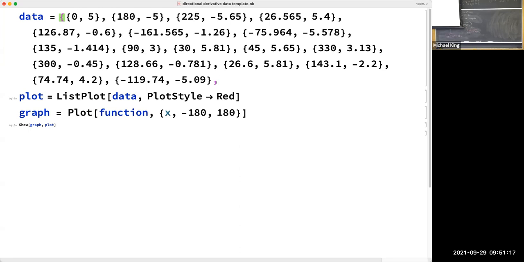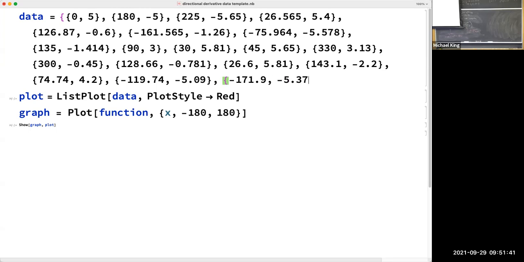Oh, what's this over here? The last one? What's the one on the top right? The degrees is negative 171.9 and the derivative is 5.37. Wait, negative 5.37.